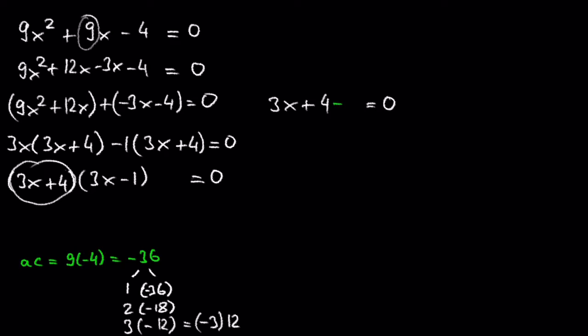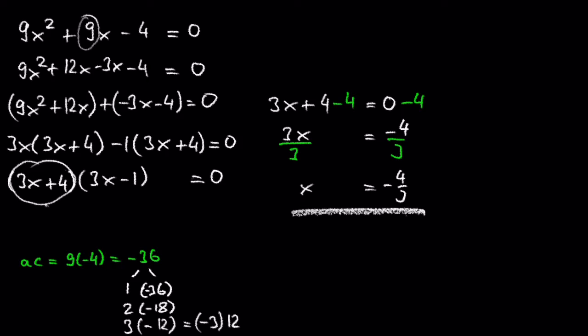After subtracting 4 on both sides, we get 3x equals negative 4. And after dividing by 3 on both sides, we get x equals negative 4 over 3.